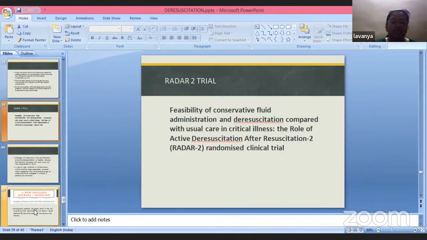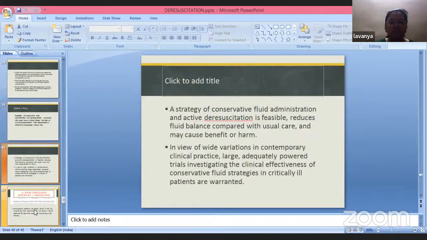There were two recent studies published in this aspect of deresuscitation, the RADAR-2 trial and the CLASSIC trial. The RADAR-2 trial studied the feasibility of conservative fluid administration and deresuscitation compared with usual care in critical illness. So the role of active deresuscitation after resuscitation 2 is the study they have done.